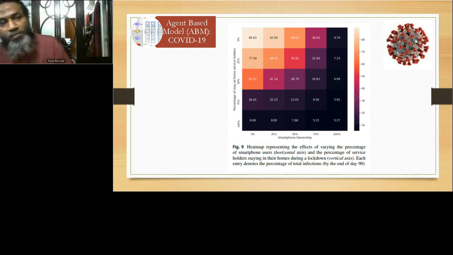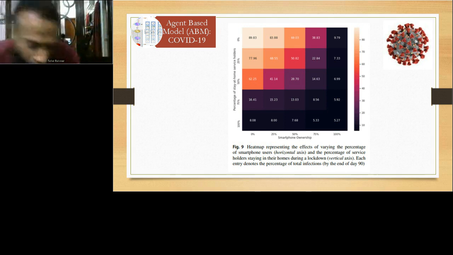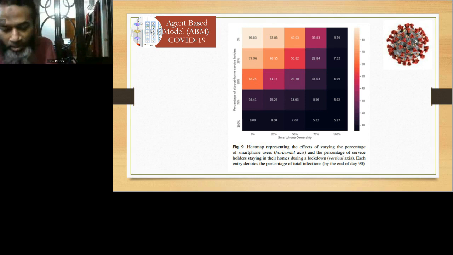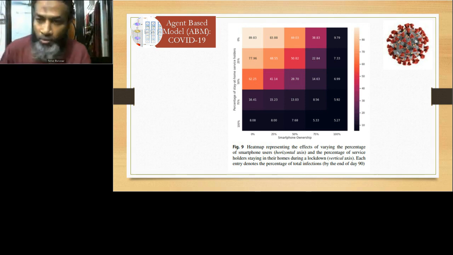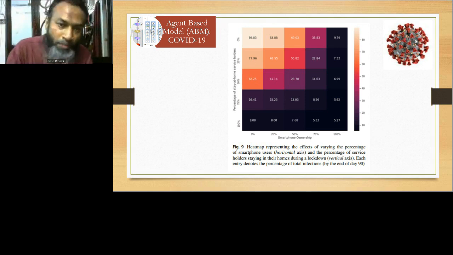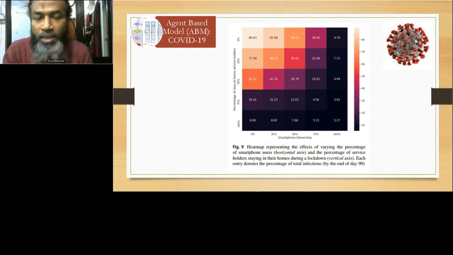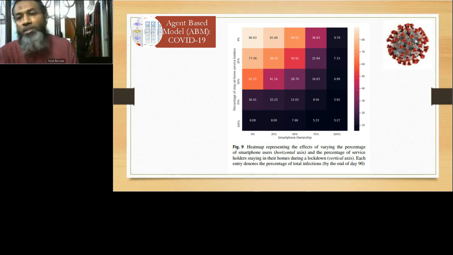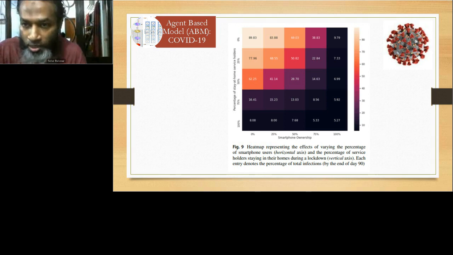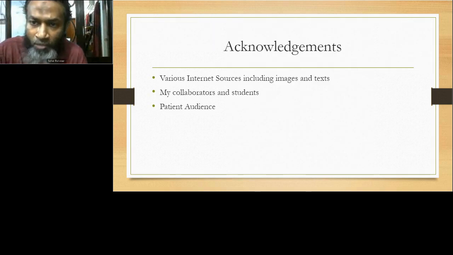So if 70% or more of the people of a country are smartphone holders, and they allow contact tracing, then the disease will probably die down. This is the concept of herd immunity, and we show through this particular ABM that it is very pertinent in the current context.